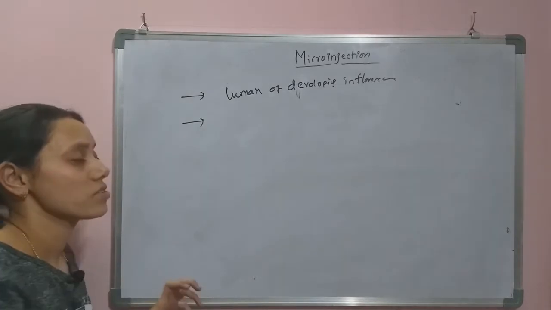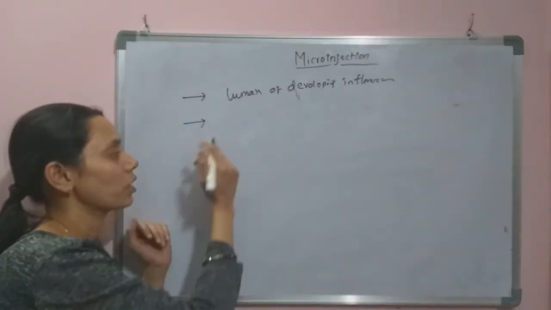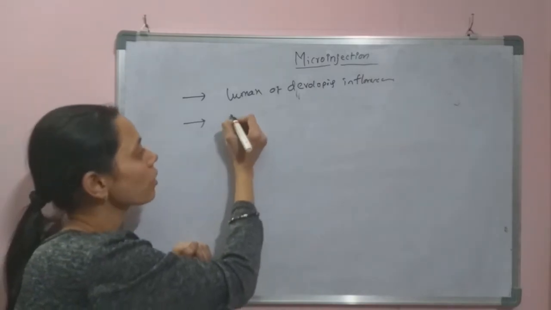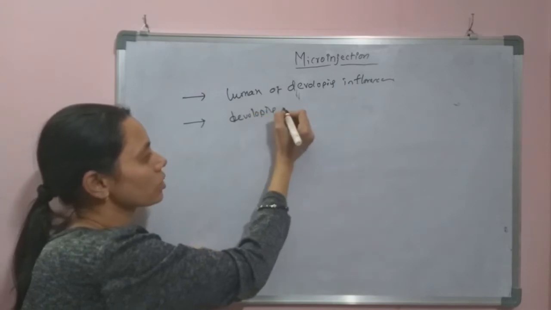And transgenic animals such as transgenic mice will be produced by injecting into the developing zygote.